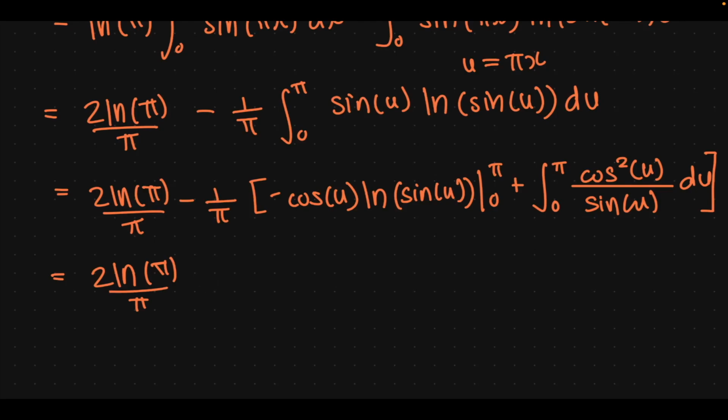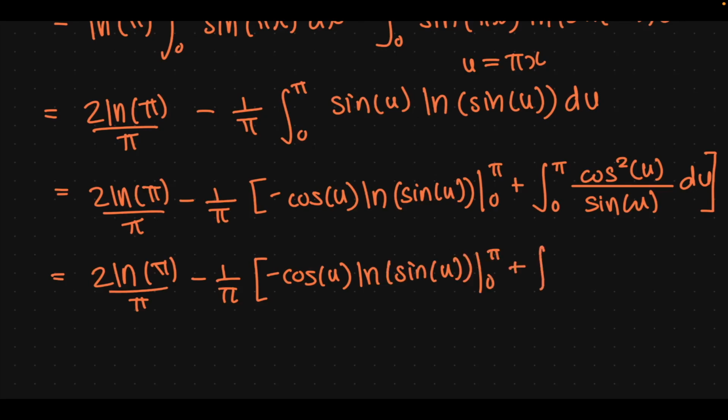So it's going to be minus cosine u ln sine u 0 to pi, and then we can simplify this.